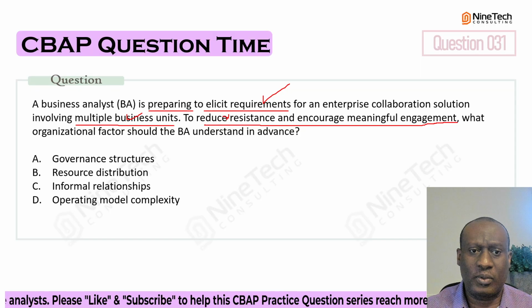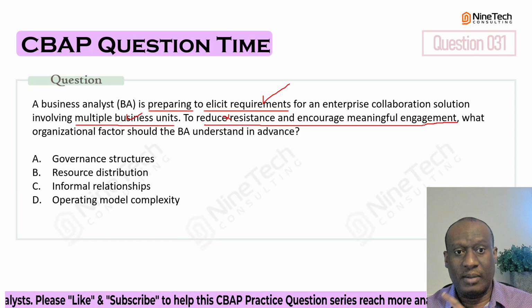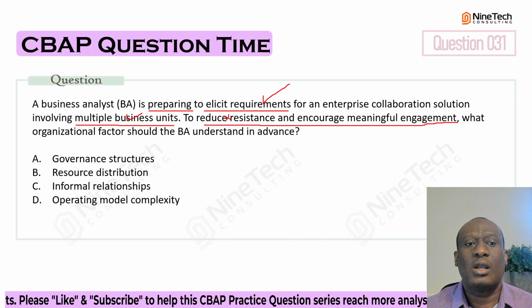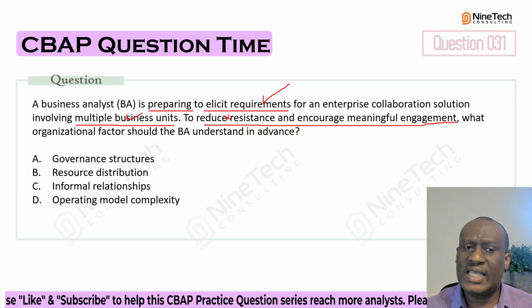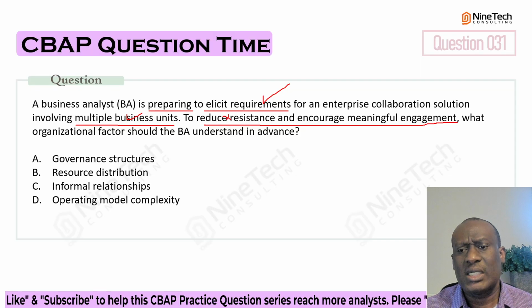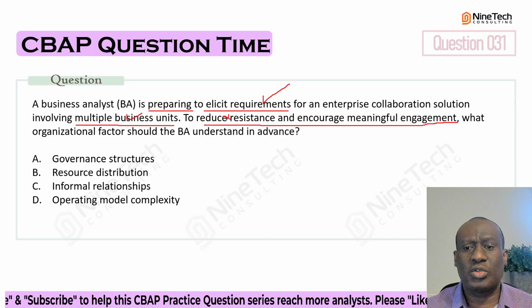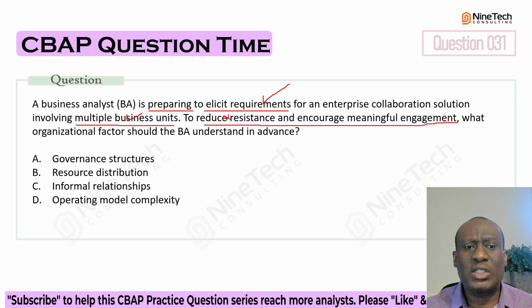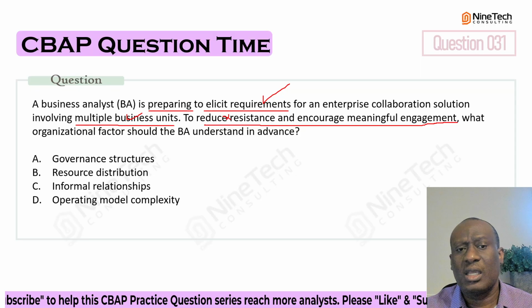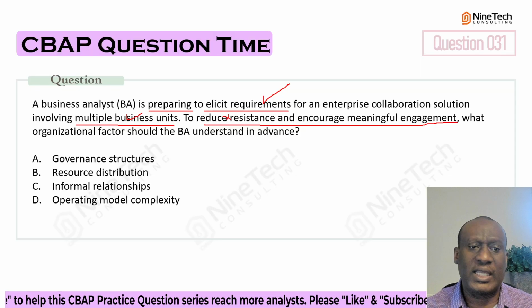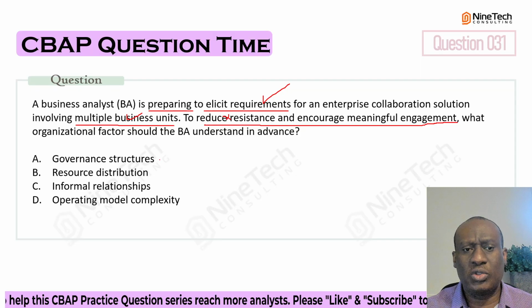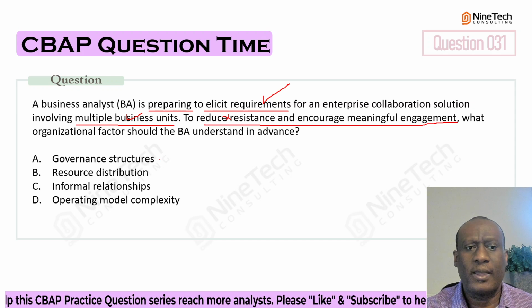I think it's going to be an important element in this question. Option A, governance structures. Yeah, governance structures describe the formal decision authority, but it doesn't really talk about the day-to-day influence and managing resistance and encouraging engagement. So I will just put a dot at that for now.